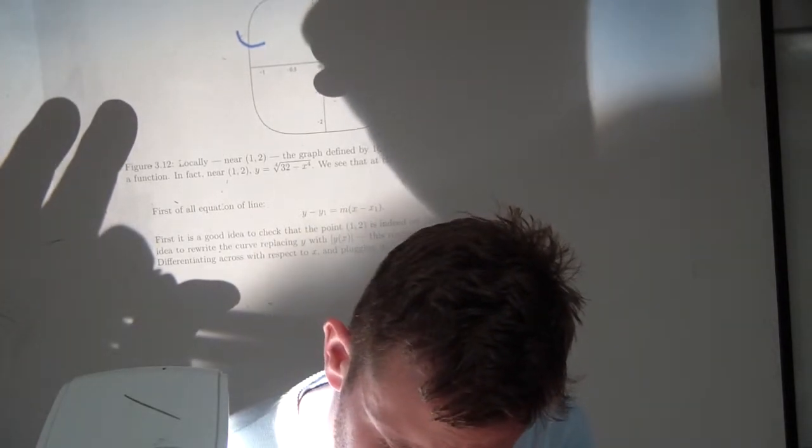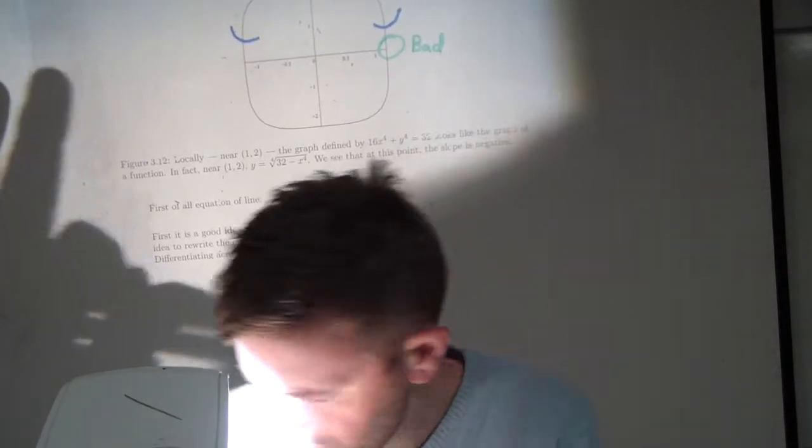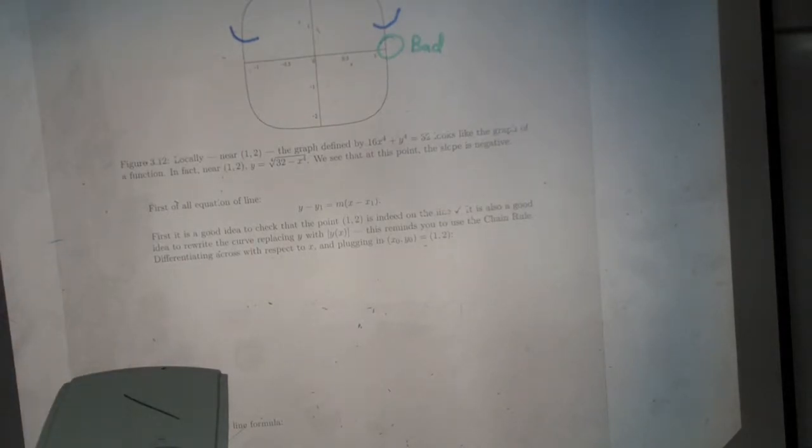Locally just means near the point. As long as I'm close enough, a part of the curve is the graph of a function. If I forget about everything else apart from that bit, each x value only has one y value. Say for example x equal to a half, there is only one y value above it.